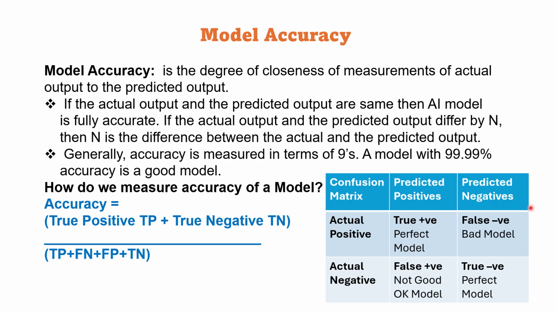Let's take an example of an email classification as spam and not spam. Let's assume we have 10 emails and we have to classify them as spam and not spam. In that, let's say 3 emails are spam and 7 emails are not spam. Now, first row, first column, true positives.